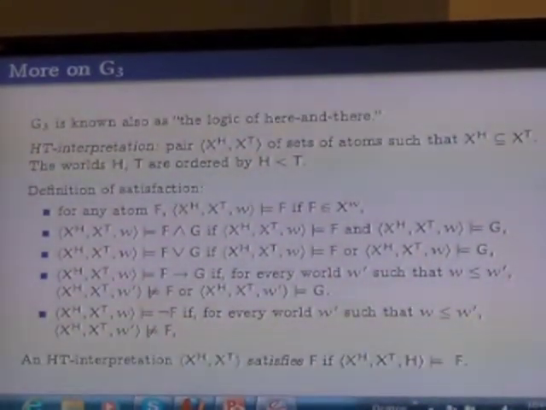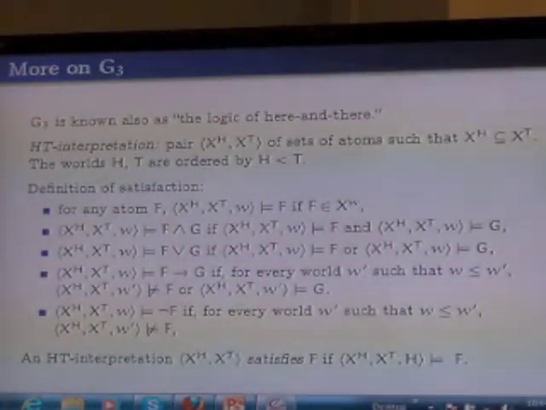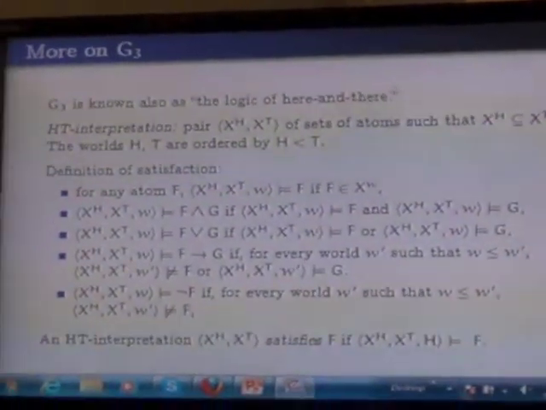In other words, if we want to describe G3 in terms of these models, we look at pairs of sets of atoms, so that the first is a subset of the other. And the definition of satisfaction that you see here is exactly the definition of satisfaction for Kripke models for intuitionistic logic, except that instead of an arbitrary partially ordered set, we look at this one set with two worlds.